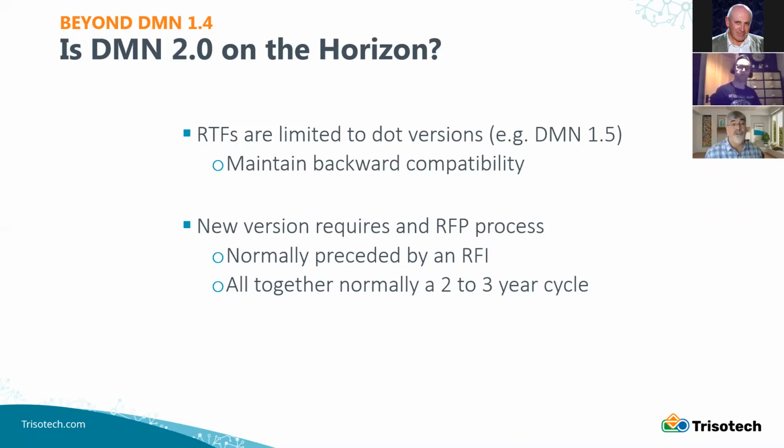Now, a new version in the OMG process requires a full cycle of an RFP, a request for proposal. And usually that will be preceded by a request for information, RFI. So you can imagine that when we say, okay, we're going to do DMN 2.0, we put out an RFI. We've got to give 3 to 6 months for people to respond to the RFI. Once the RFI answers are in, we have to analyze them and then move all these answers into a common RFP, request for proposal.